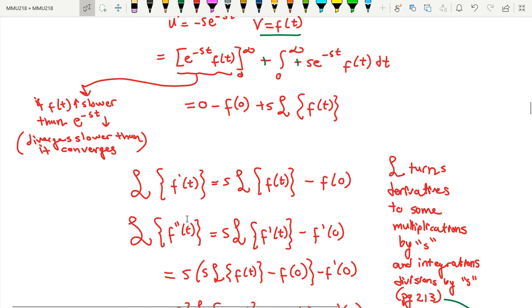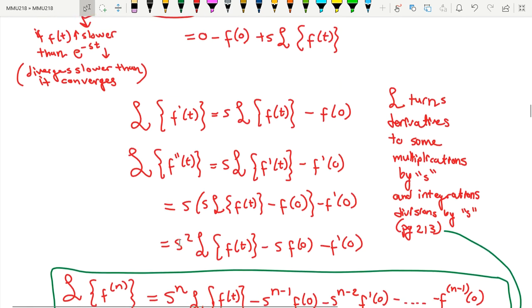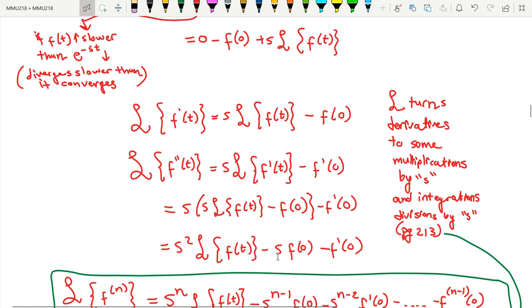Let's take the second derivative. So that's going to be s Laplace of f prime t minus f prime 0. So if you put back the Laplace of f prime t in here, you will end up with s squared Laplace of f of t minus s f of 0 minus f prime 0.